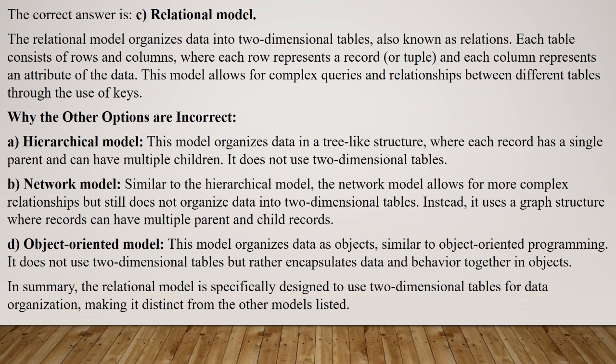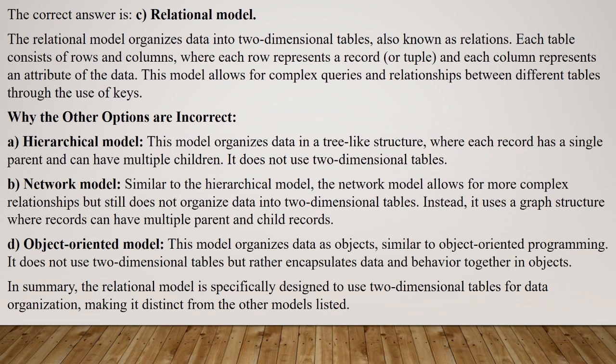This model allows complex queries and relationships between different tables through the use of keys. These keys help us relate the two-dimensional tables: the primary key and the foreign key.